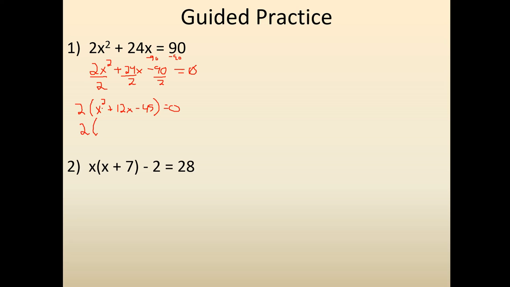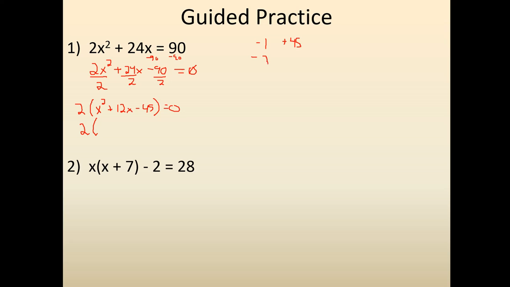Now in here, what we're going to want to do is the AM method. So remember, we're going to have to find 2 numbers that multiply to negative 45 and then add to positive 12. So there's negative 1 and positive 45. 2 doesn't factor into 45. 3 does though.